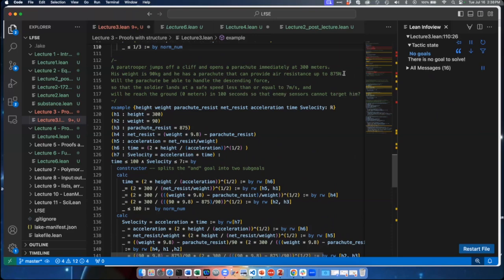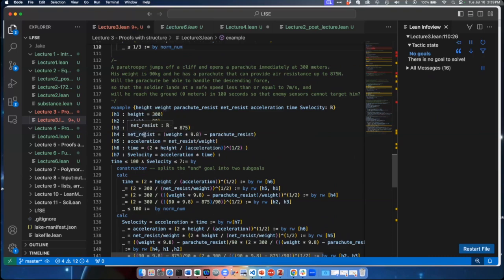Okay. The math is simplified a bit. I don't officially know how constant an upward force of a parachuter is going to be, but nonetheless, we have 7 assumptions here. The first 3 of these describe parameters.